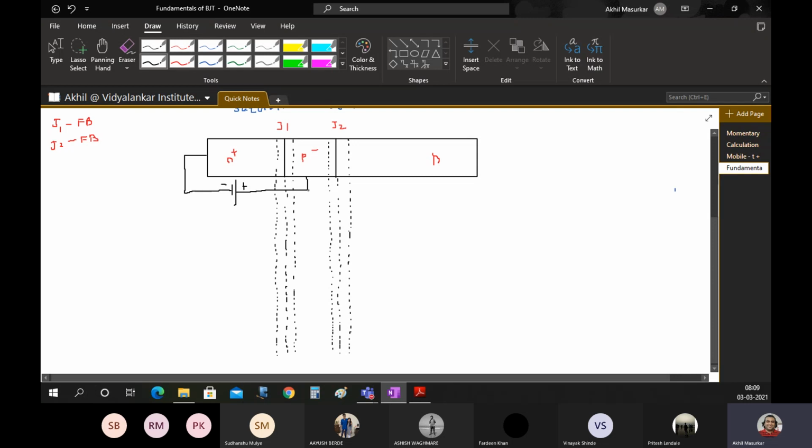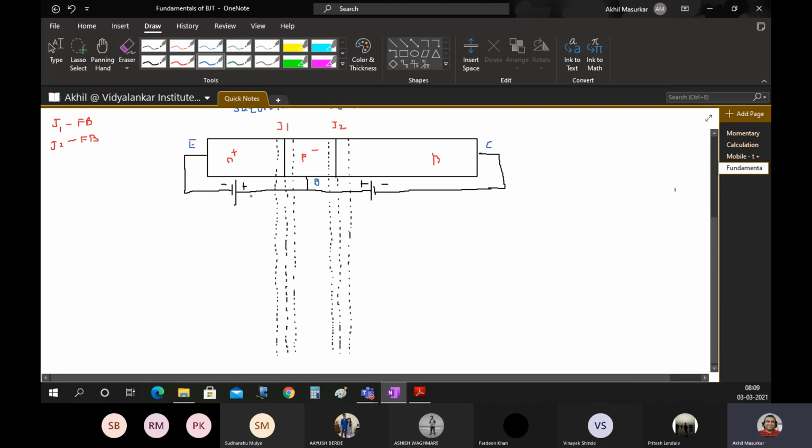It is not actually positive or negative. And this is plus and minus. So this is plus, this is minus, and this is my emitter, this is base, and this is collector.